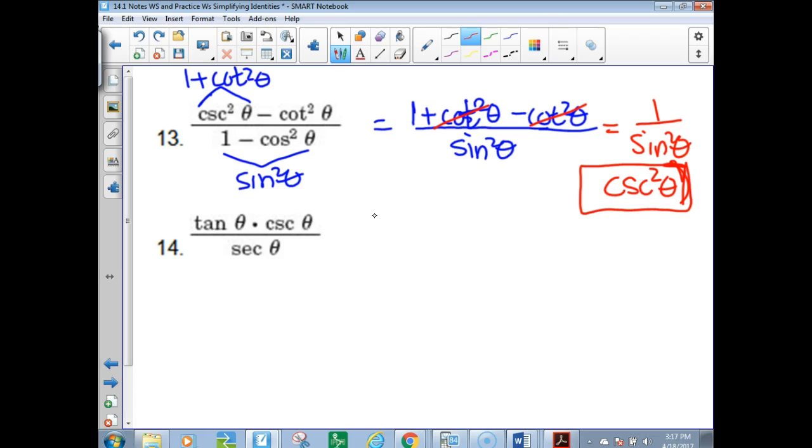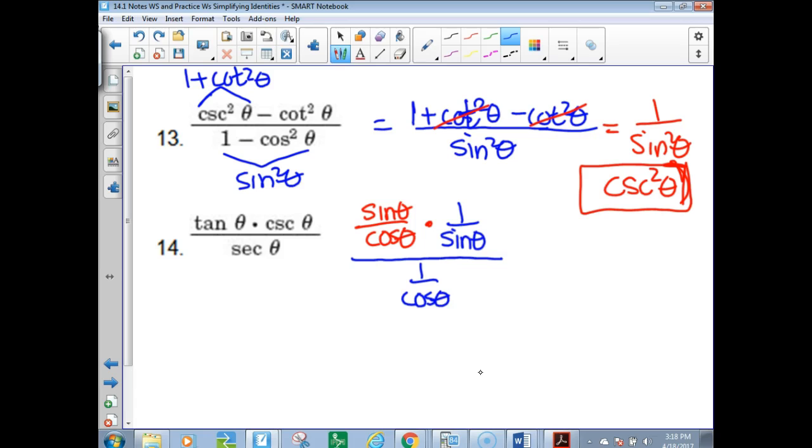So what are we going to trade the tan for? Sine over cosine. We're going to trade the cosecant for 1 over the sine, and then we're going to trade the secant for 1 over the cosine. Oh boy, that looks worse.